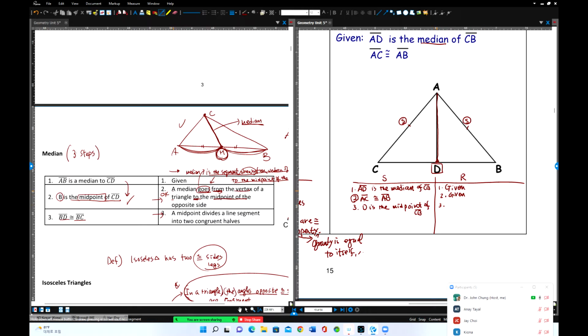So this is the reason over here. For a median, you can use either one. A median goes from a vertex of a triangle to the midpoint of the opposite side.